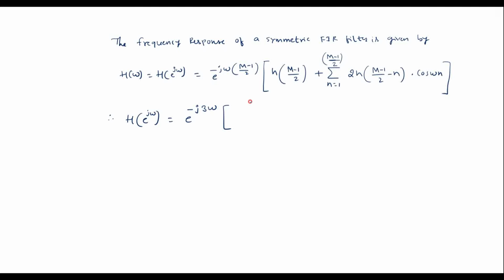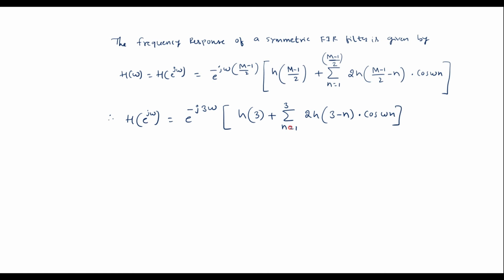We have here h of (M minus 1) by 2, that is 3, plus the summation for n equal to 1 to (M minus 1) by 2, that is 3, of 2h of ((M minus 1) by 2 minus n) into cos omega n.